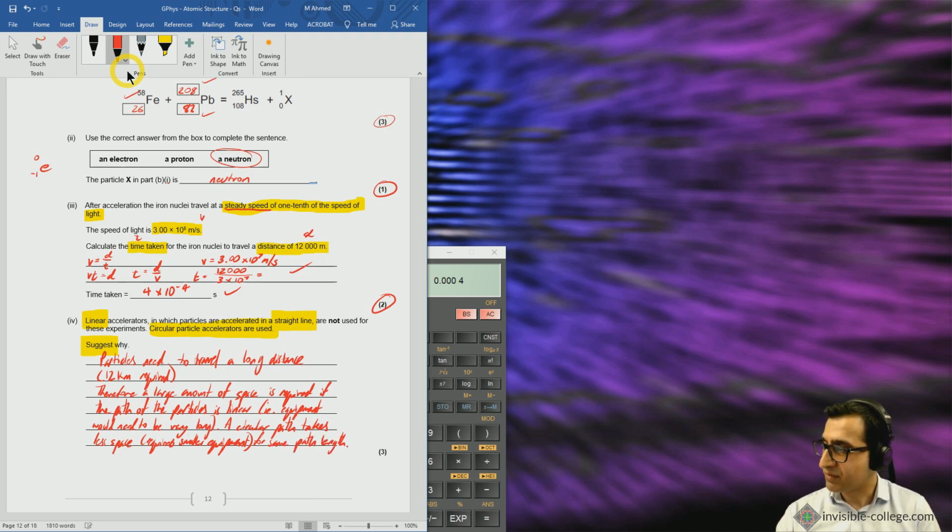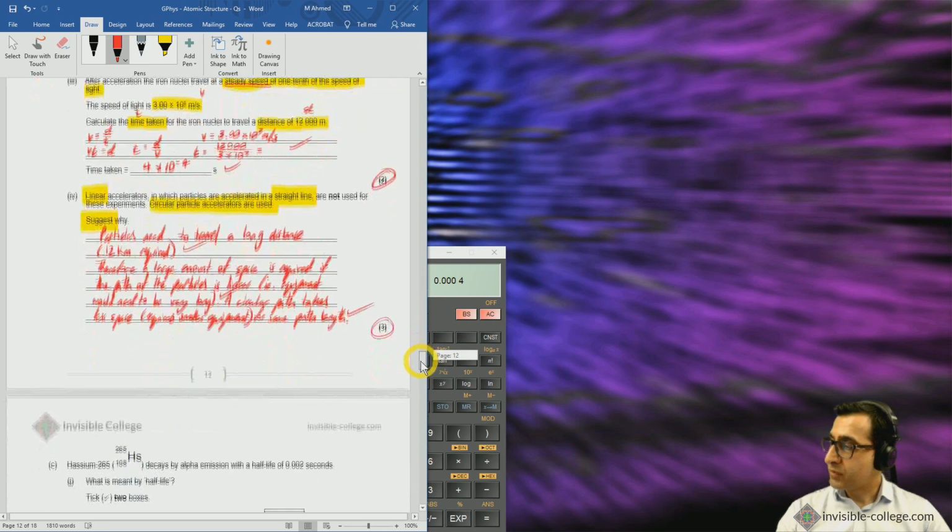Obviously you can word these in various ways, but this will get you the 3 marks. 1 mark for this statement, 1 mark for the statement that follows that, and the 3rd mark for the final statement giving the suggestion. 3 marks.